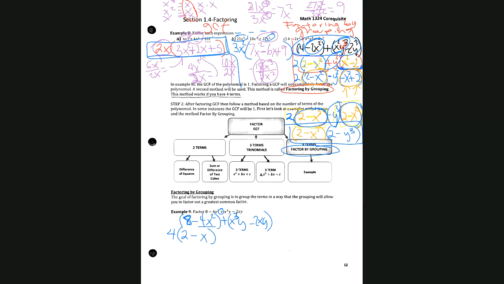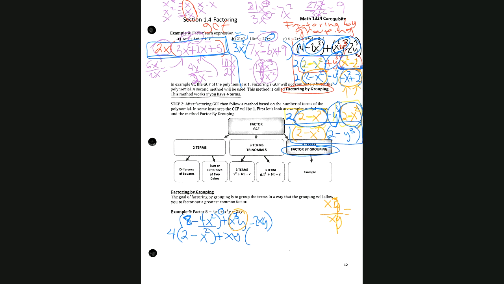For my next group, I will factor xy. So if I factor xy from here, we have x to the third power y multiplied by y, and we're factoring xy.